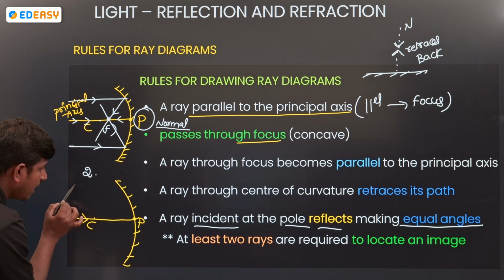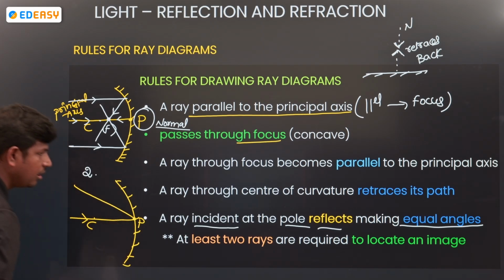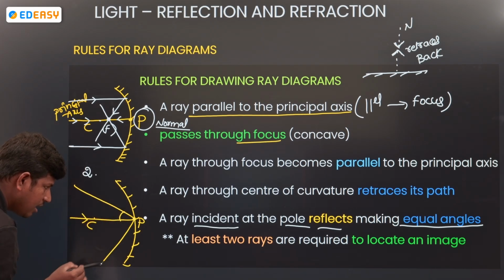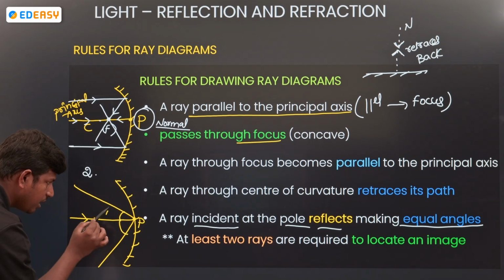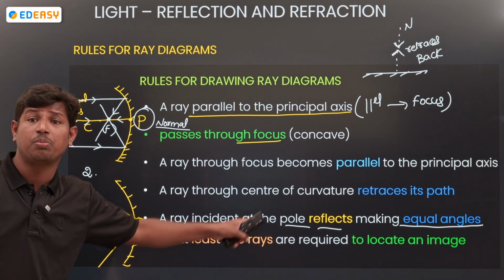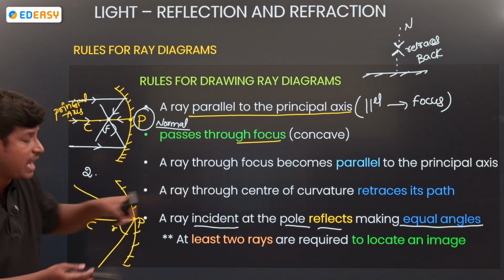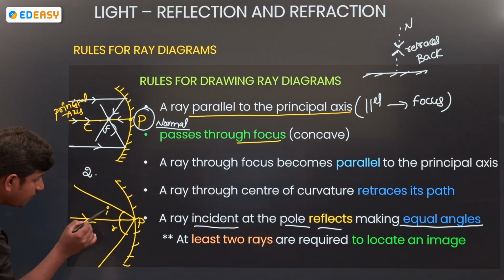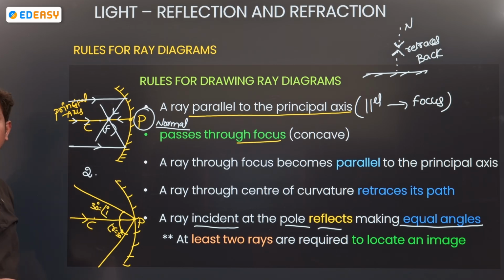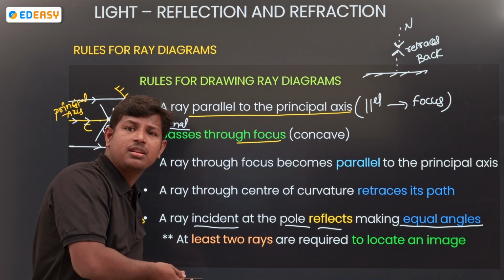If a light ray makes an angle with the principal axis, the reflected ray makes the same angle; the law of reflection is applicable here. A ray incident at the pole reflects making equal angles. See, here the angle of incidence is 30, and here the angle of reflection is also the same.